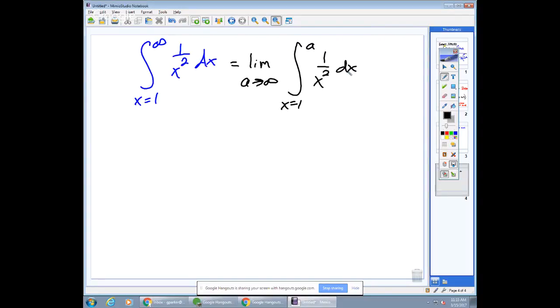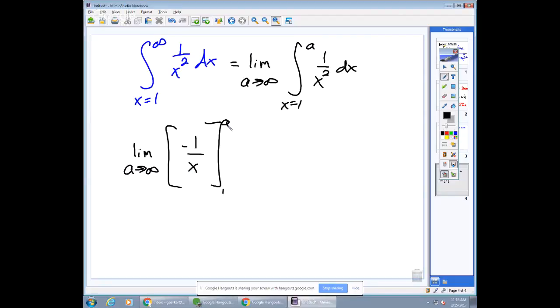So let's see, that's really x to the -2, antiderivative for x to the -2. See, we increase the power, right? So that'd be x to the -1 times -1. Yeah, so I still have my limit hanging out front as a goes to infinity. Antiderivative is -1 over x, right?